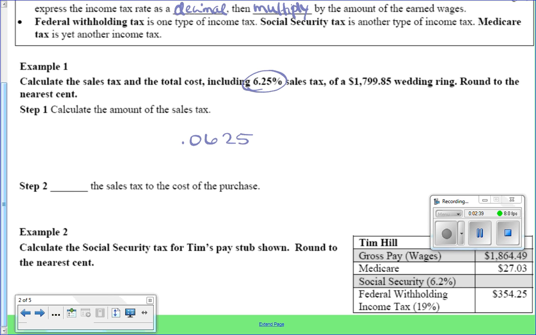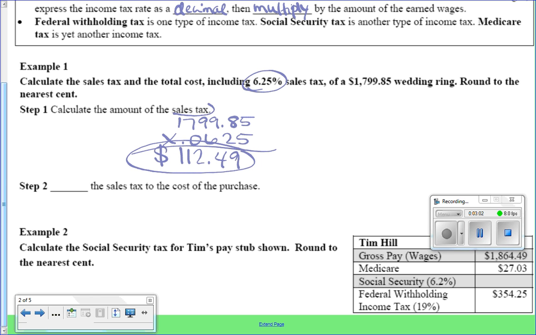We're going to do that, and then we're going to multiply by the amount. Remember, this is showing work with a calculator, okay? And then what do you get in your calculator? Good, $112.49. Are we good with that? This is the sales tax, okay?